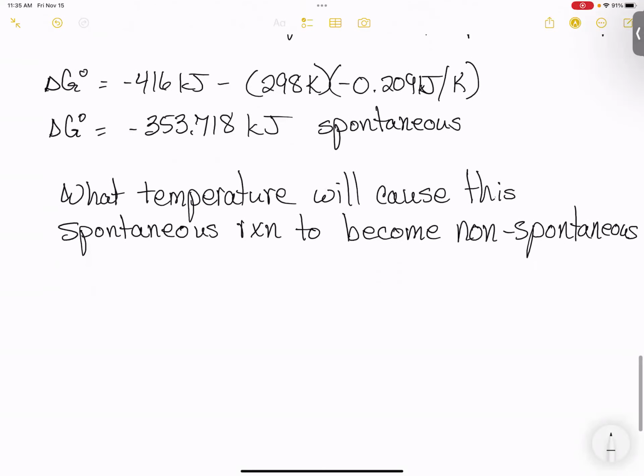That's where delta G is equal to 0. That's your equilibrium.